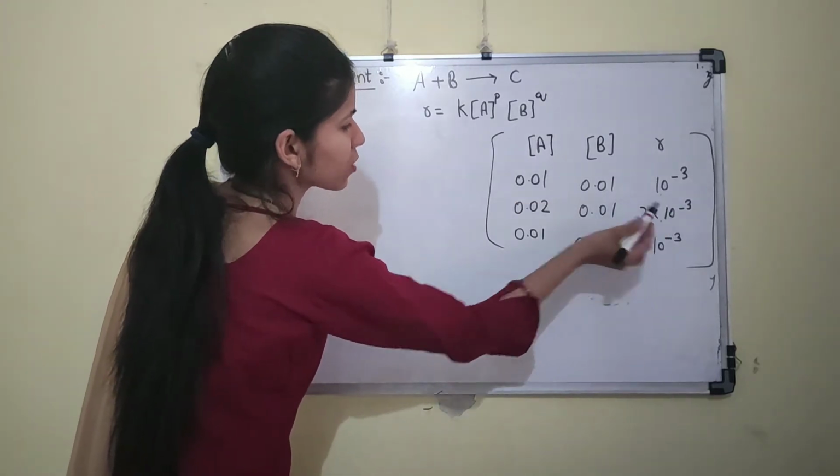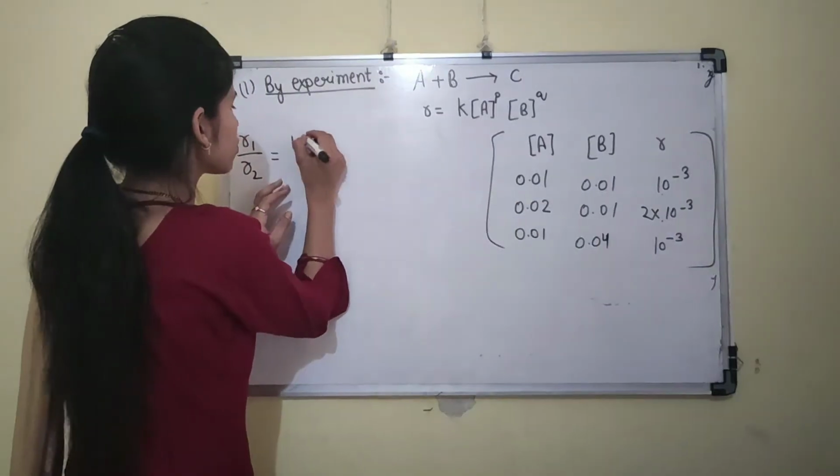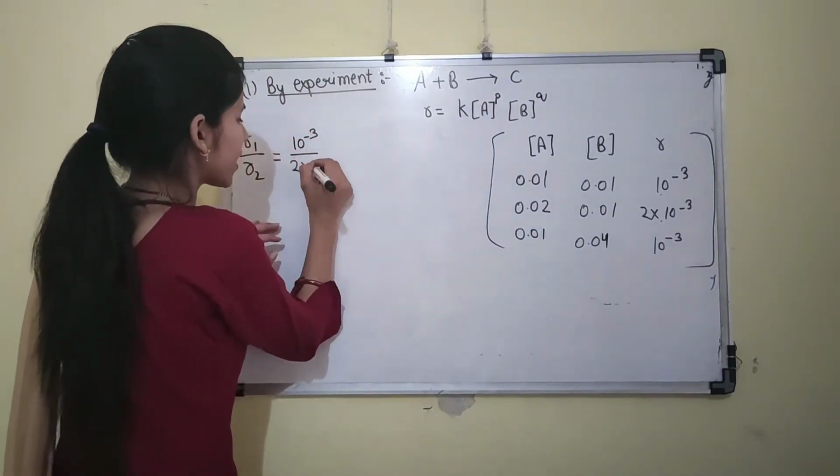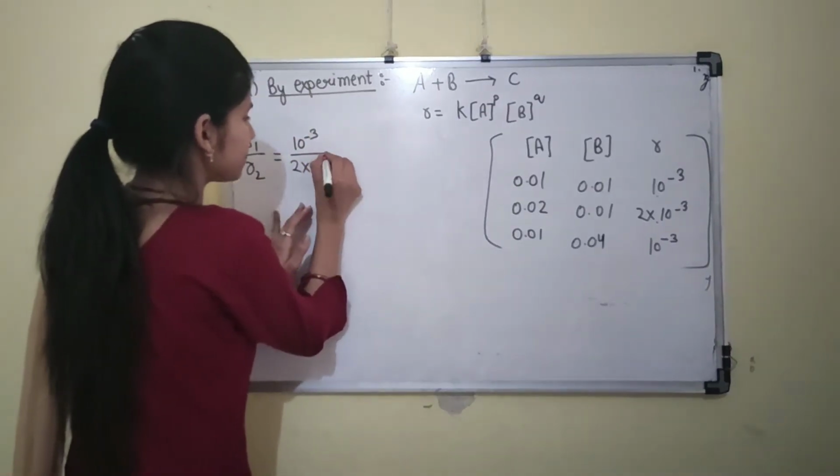R1 divided by R2 is equal to, taking R1 and R2 from the table, 10 raised to the power minus 3 divided by 2 into 10 to the power minus 3.